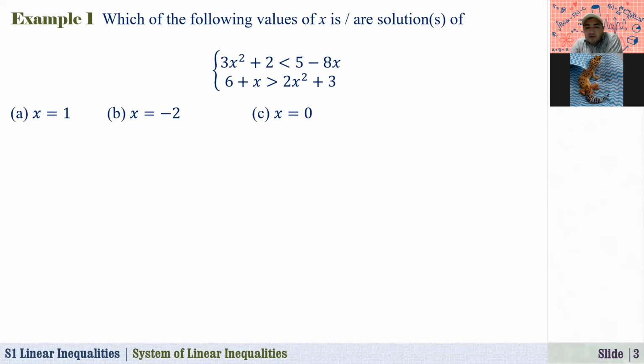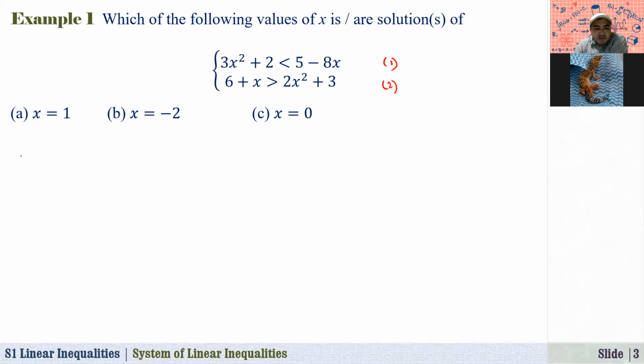But here we are talking about the system. Here we have two inequalities. This is our first inequality, and this is the second inequality. And this curly bracket or brace means that we have to solve these inequalities together. That means that we need to find the range of values of x that must satisfy both inequalities.